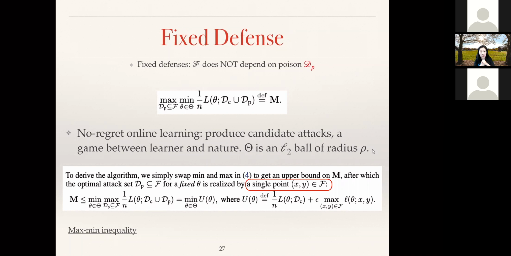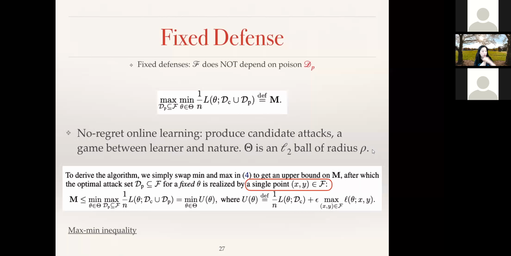This is the maximization over D_P within F and minimization over theta, where theta is the model parameters, of 1 over n times the loss over theta on D_C union D_P. This is just a recall of the previous equation.